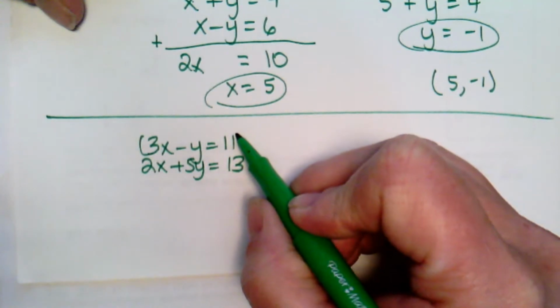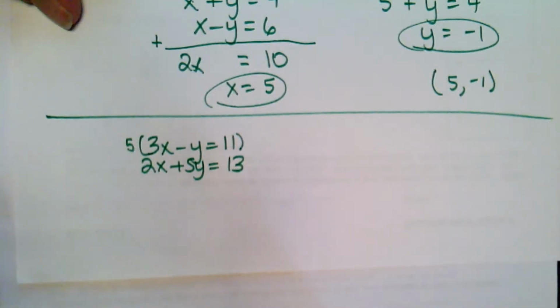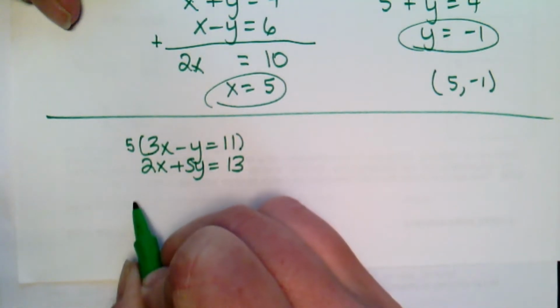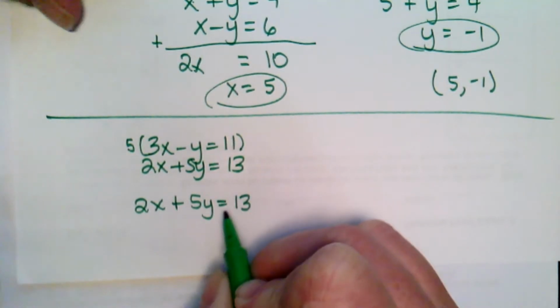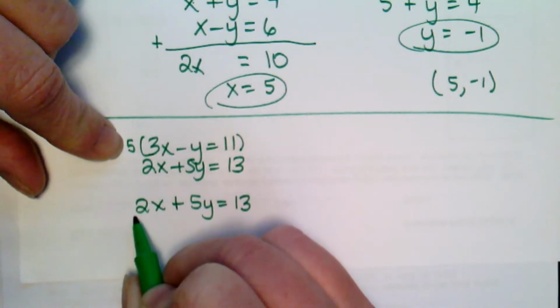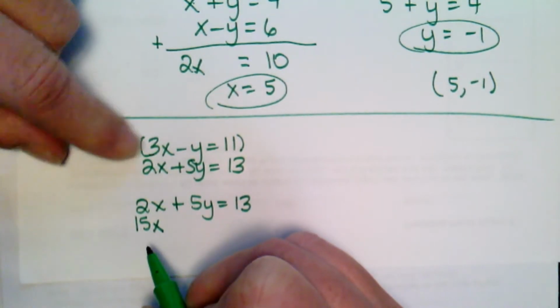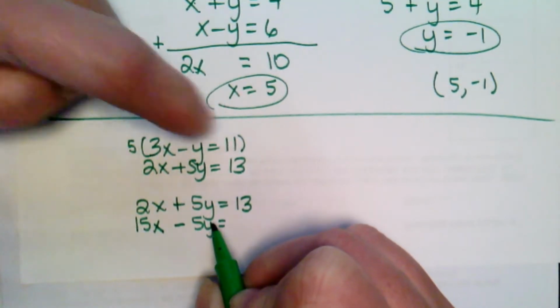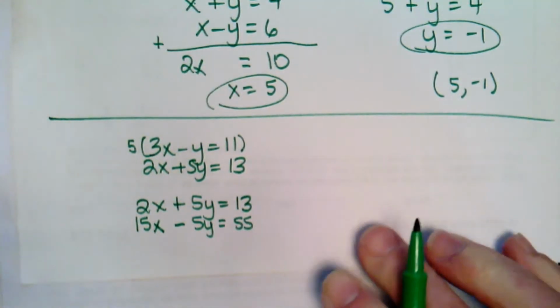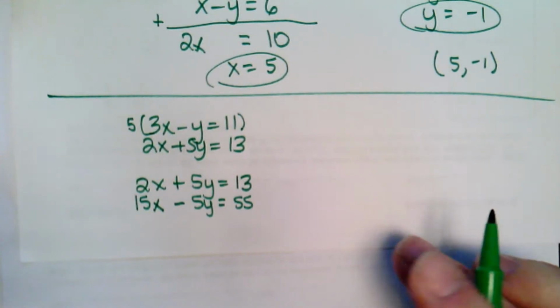So what you do is you find that number and you multiply the whole thing by it. So I'm not going to touch the second equation, we're going to leave it the same. But my top one I'm going to make 5 times bigger. So 5 times 3, 5 times -y, 5 times 11. So don't forget to multiply everything by 5.